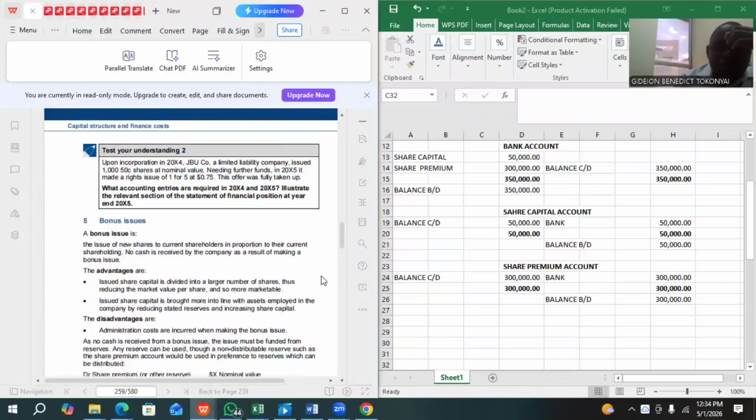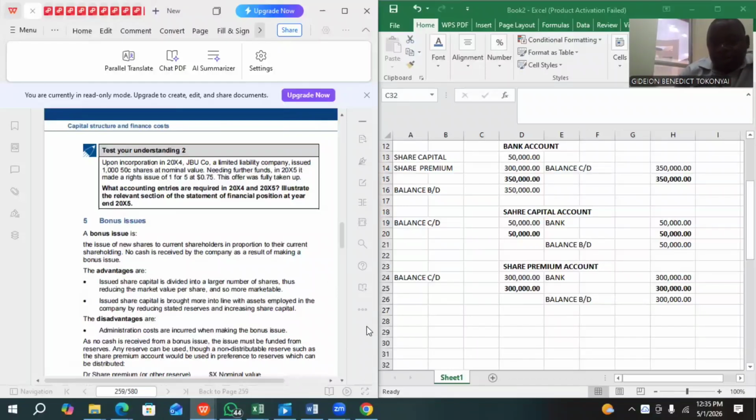Then, needing further funds in 20X5, it made a rights issue of 1 for 5 at $0.75. This offer was fully taken up. What accounting entries are required in 20X4 and 20X5, and illustrate the relevant section of the statement of financial position at year end 20X5?